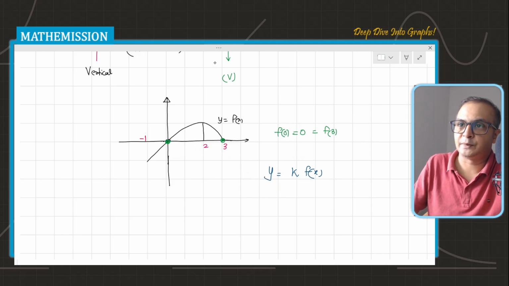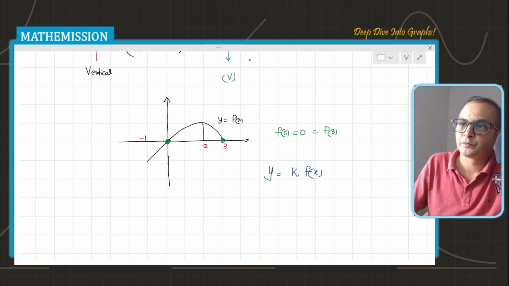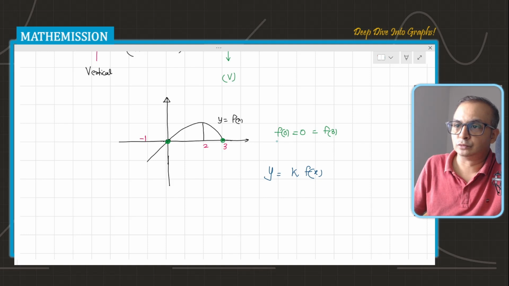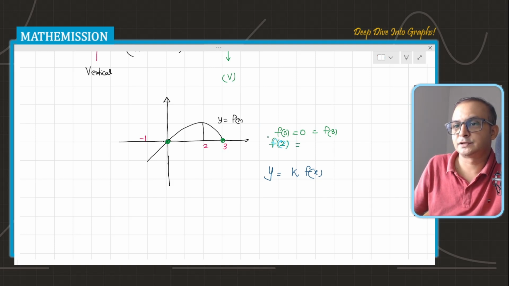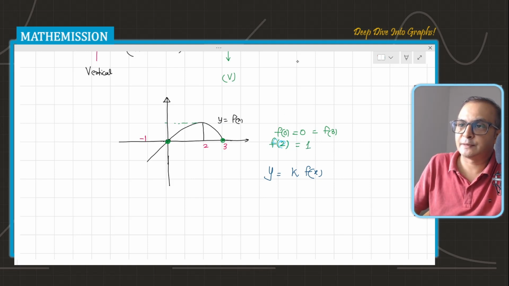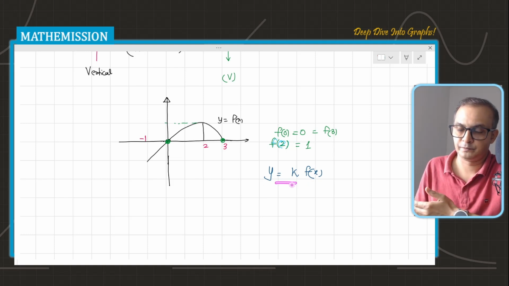But think what will happen to the other values. The value at 2 for the previous function was 1. But when we do the similar calculation in this function, at 2 it will give you k times f(2), correct?